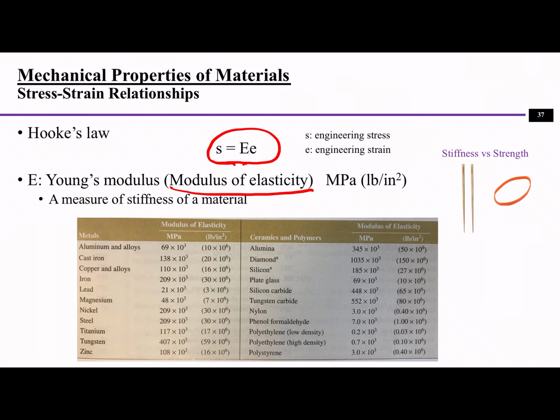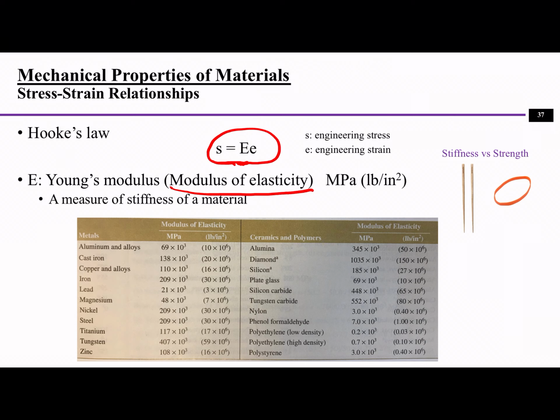Hooke's law means stress equals E, where E is Young's modulus or modulus of elasticity, times strain. It means how difficult it is to change its strain, right?